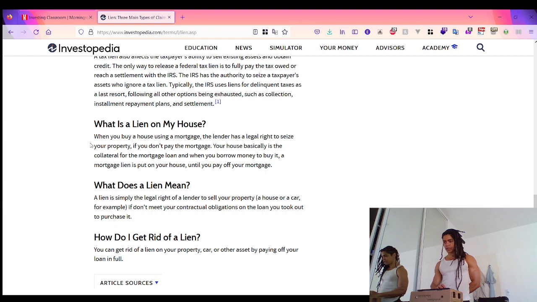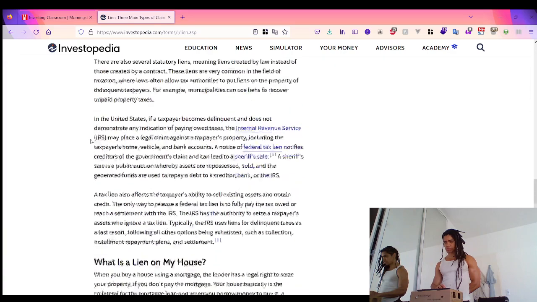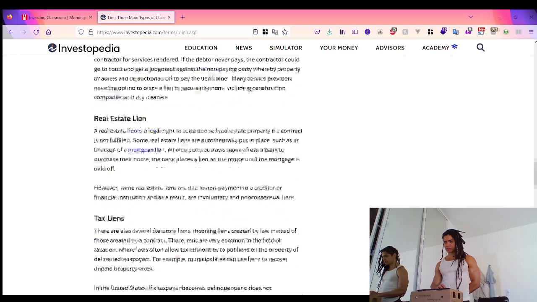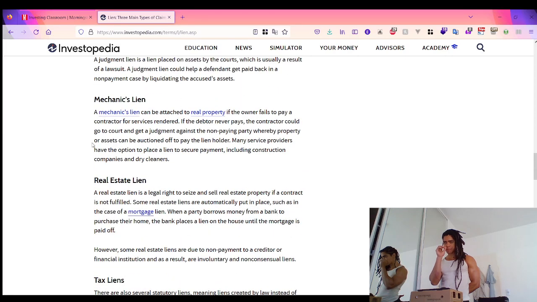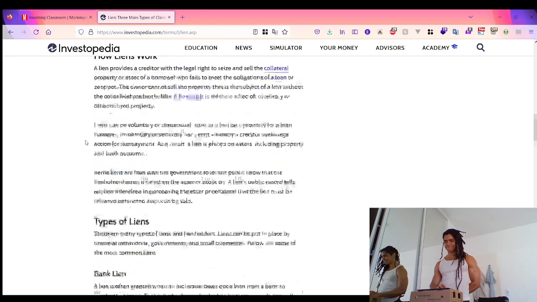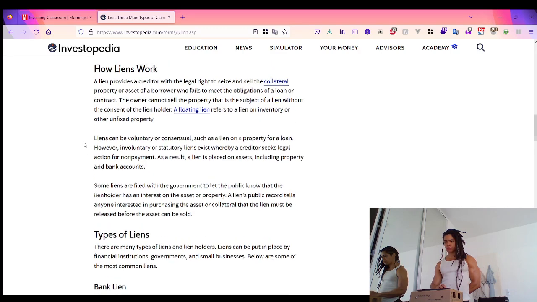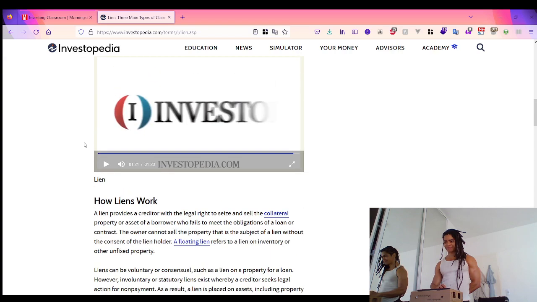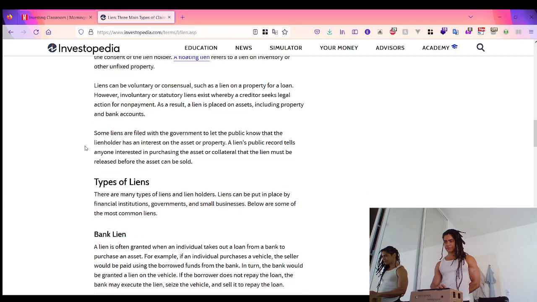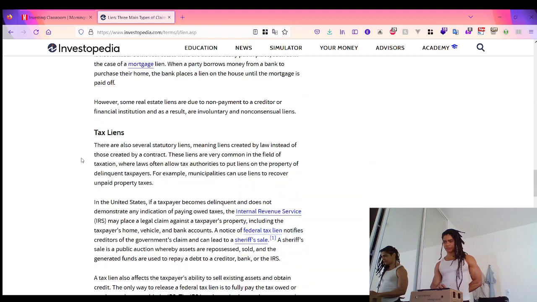What does a lien mean? How do I get rid of a lien? Internal Revenue Service. How liens work: bank lien, judgment lien, mechanic lien, real estate lien, and tax lien.